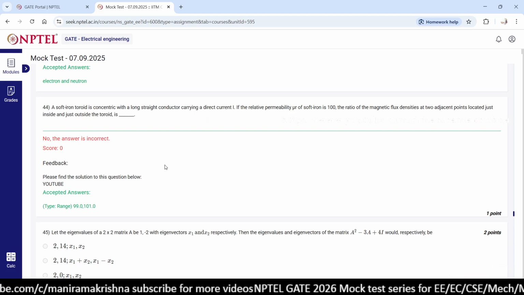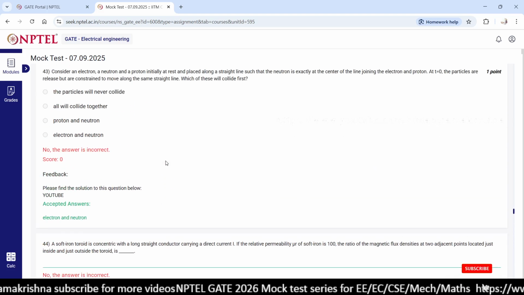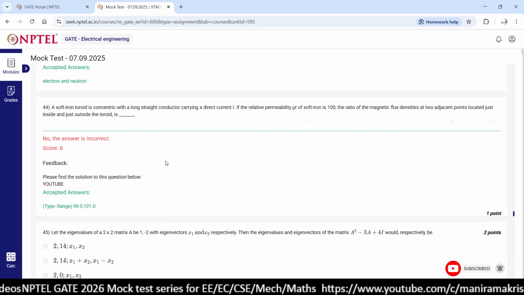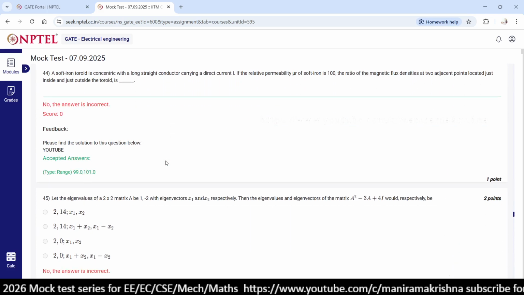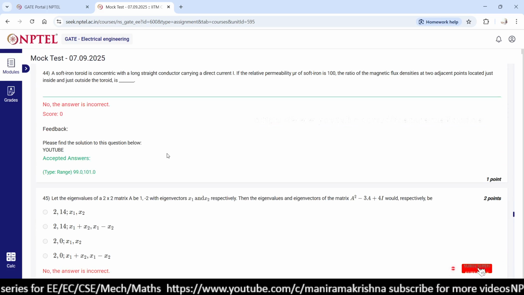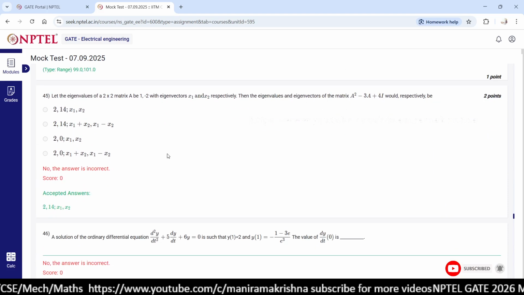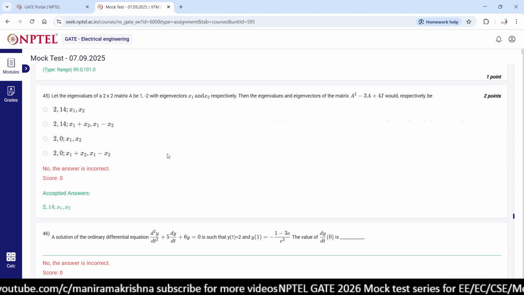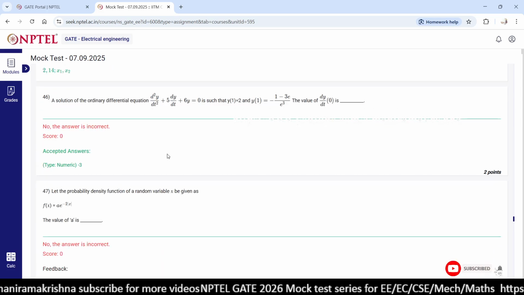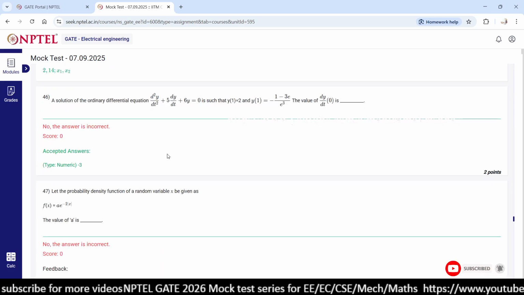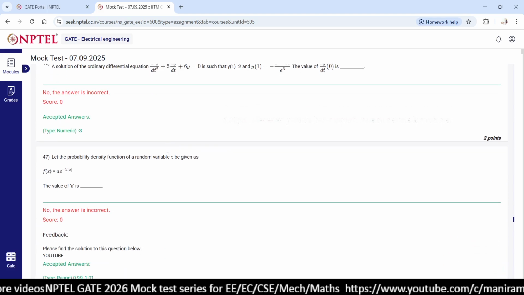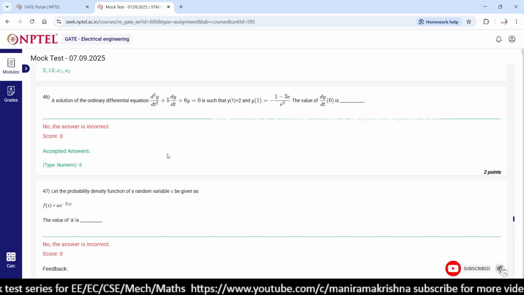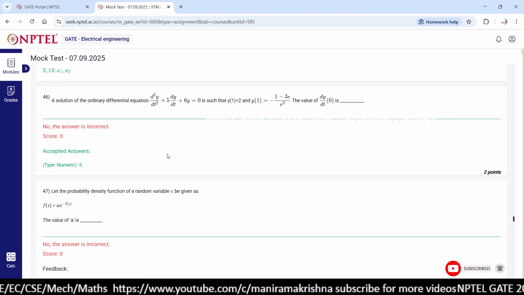So we have the 44th question and the 43rd question also. The 46th and 47th questions are 2-mark fill in the blanks questions for ordinary differential equations and probability.